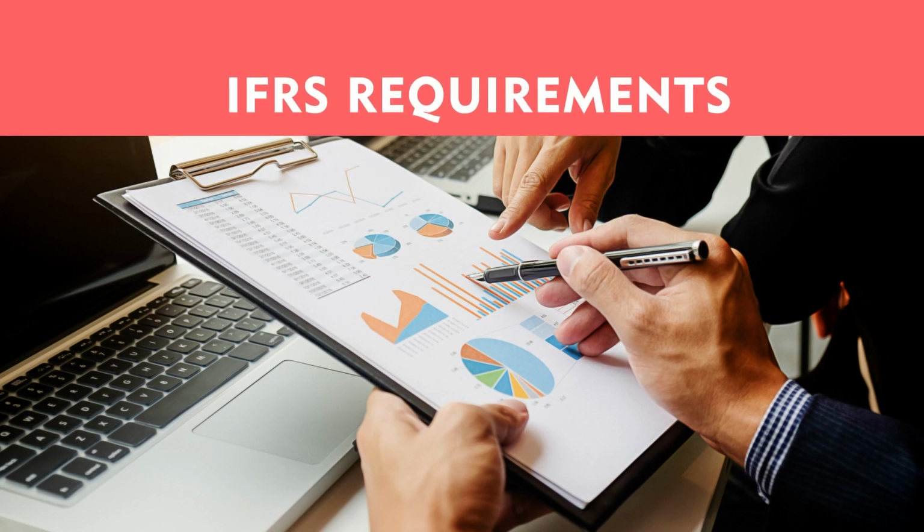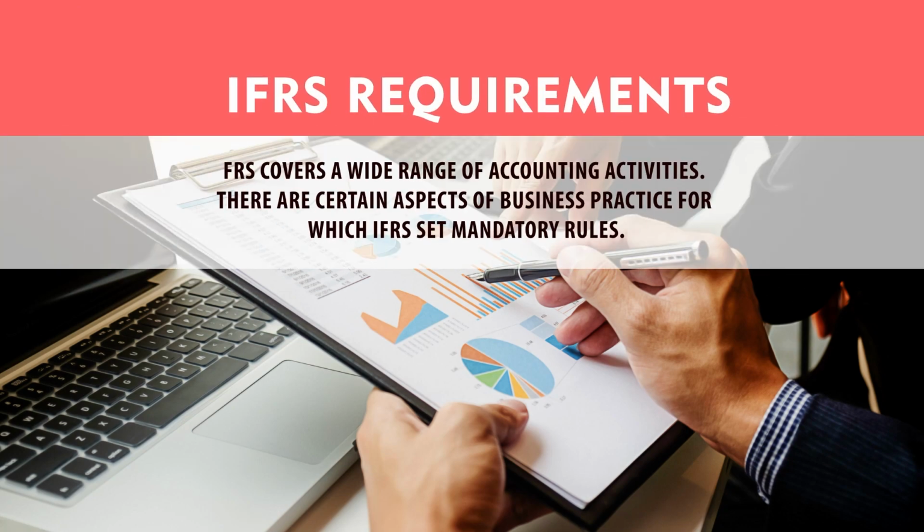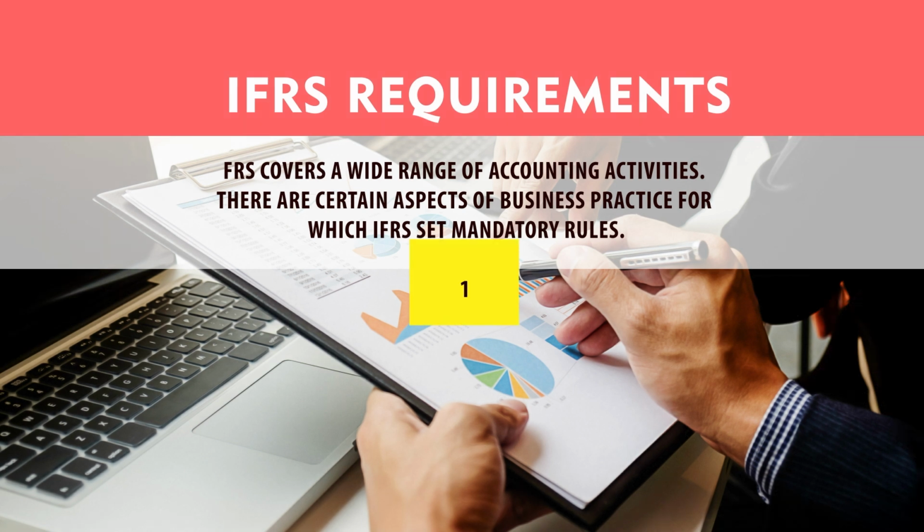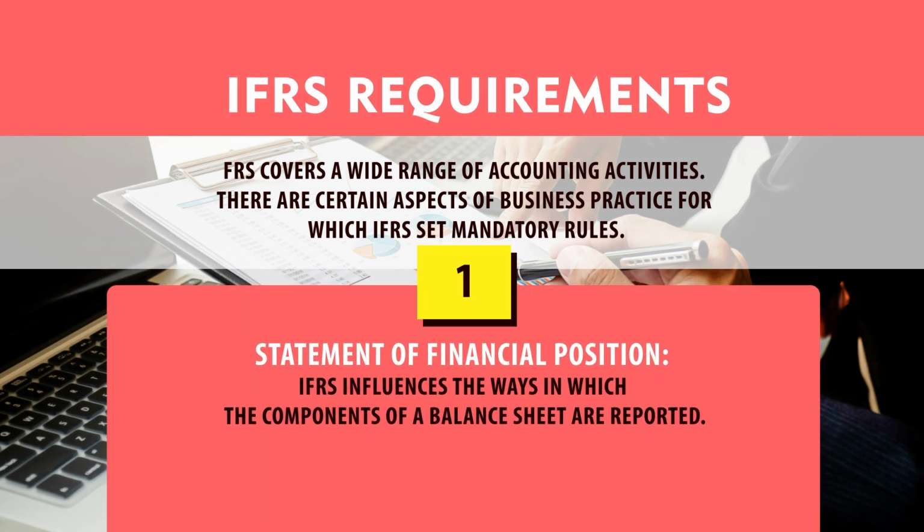IFRS requirements. Financial reporting standards cover a wide range of accounting activities. There are certain aspects of business practice for which IFRS set mandatory rules. The first one is the statement of financial position. IFRS influences the way in which the components of a balance sheet are reported.